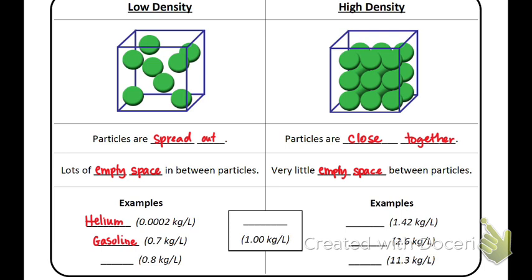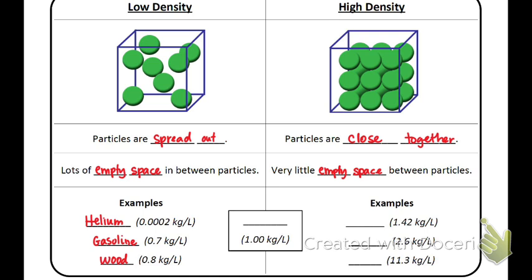And then a little bit higher, seems like it should be way different, but it's not. 0.8 is the density of wood. So that feels weird. But the particles of gasoline and the particles of wood are really not that far apart. I mean, it kind of makes sense. It allows water to get into it.